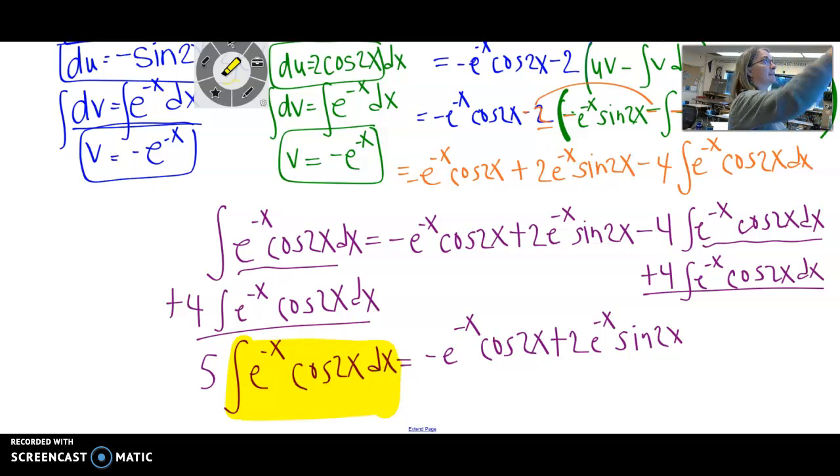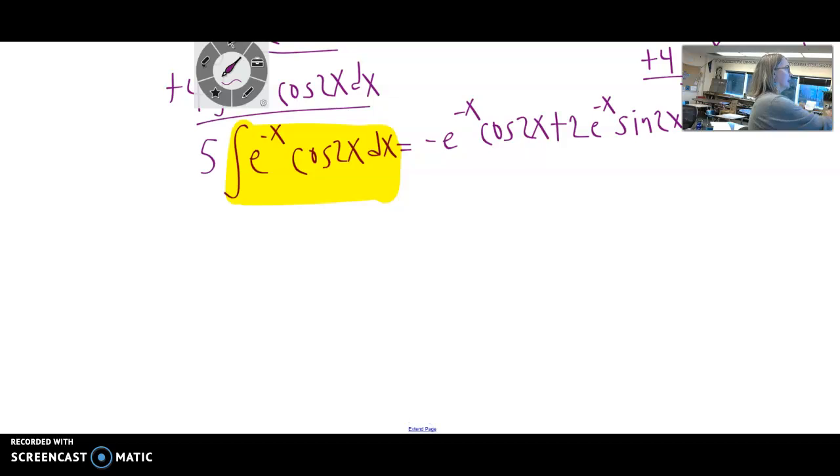Since we have that times 5, all we need to do is divide both sides by 5, and you have your answer.